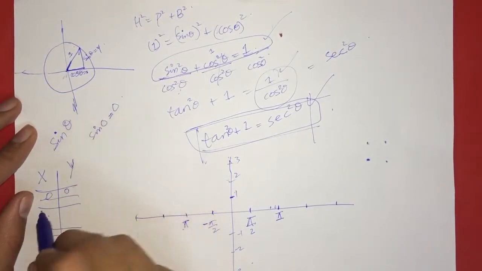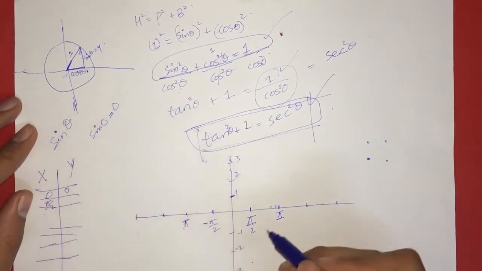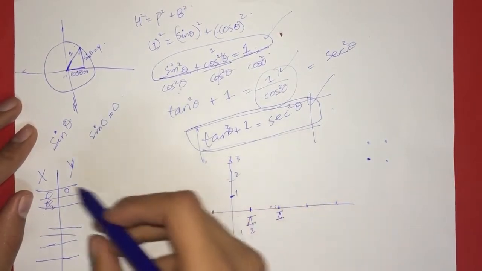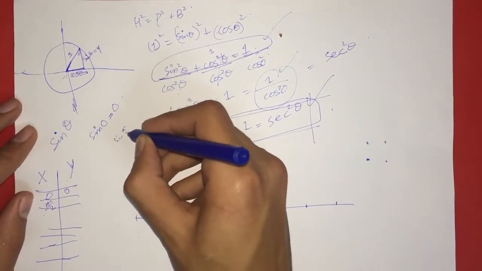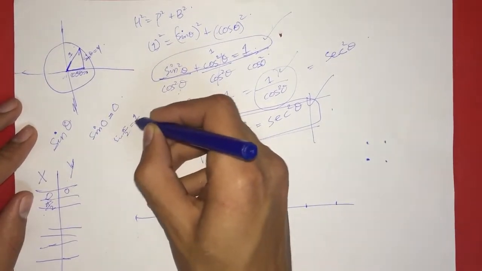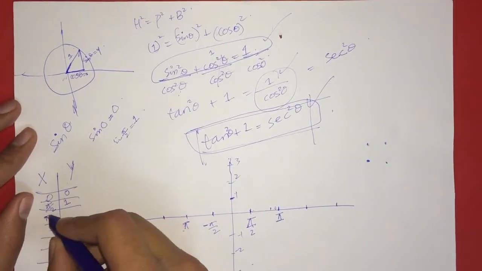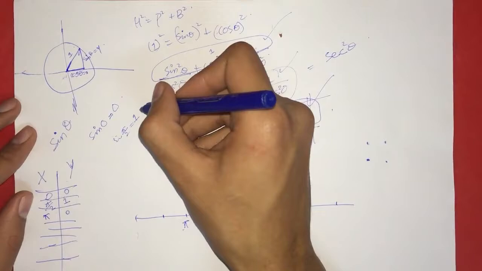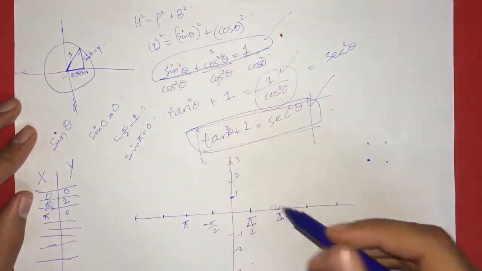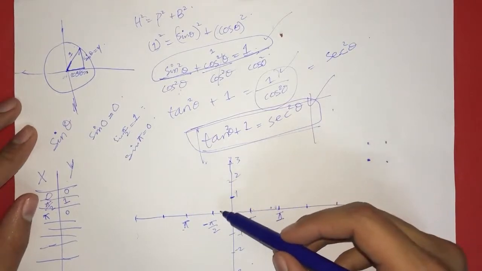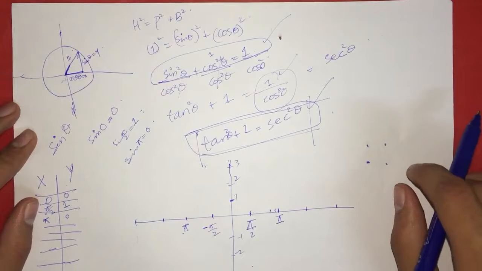When x equals pi by 2, you have sine of pi by 2 equals 1. Then again, sine of pi equals 0. So what it does is it repeats, it's a periodic function. So what are periodic functions?